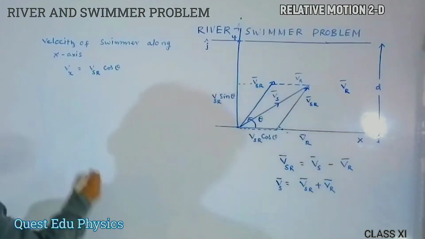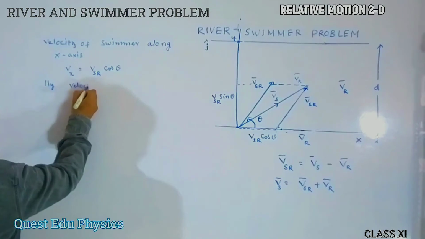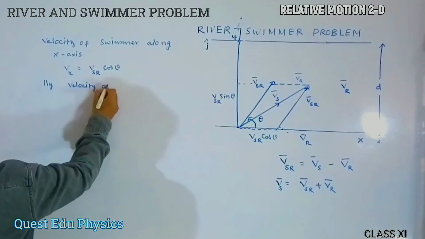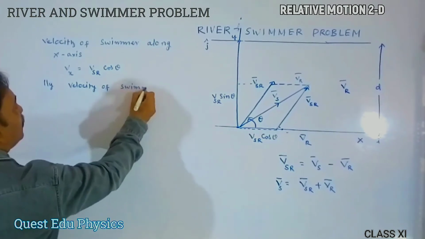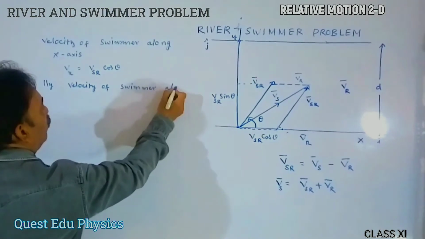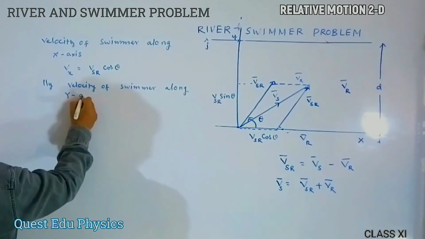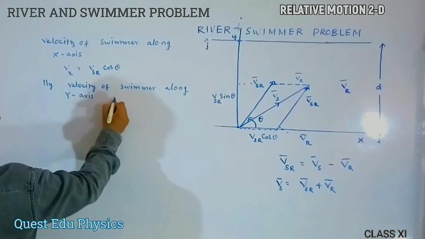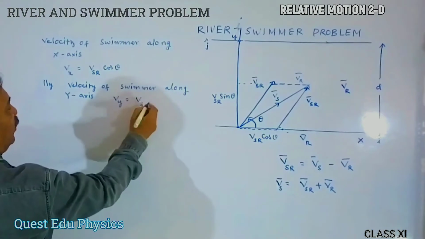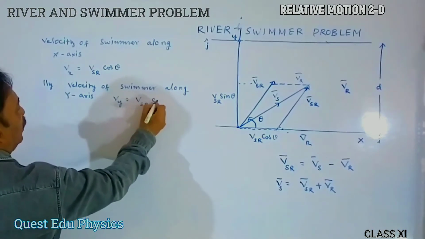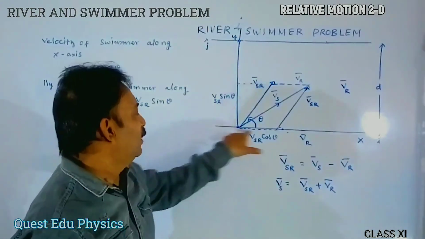Okay. Similarly, velocity of swimmer along y-axis, say it as Vy, is equal to VSR sin theta. This one.